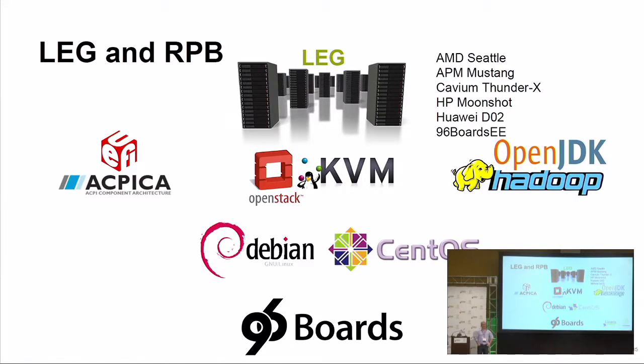So we clearly don't want to enter that space. The 96Boards specification is for a low-cost development board. It's not for an end product server. That's a different business, and there are different companies out there. This is to promote the adoption of ARM 64-bit. And those companies are much better at doing high volume production of servers with support and everything else, right?